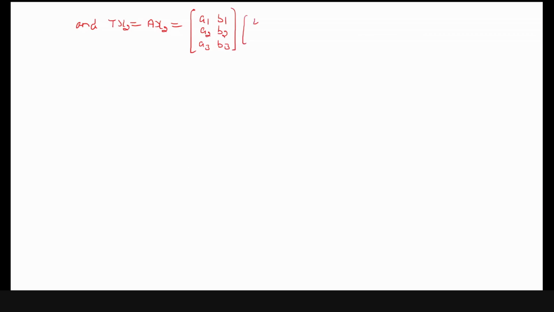Now if you simplify this, what you will get: 4a1 plus 6b1 is equal to -2, and 4a2 plus 6b2 is equal to -4, 4a3 plus 6b3 is equal to -10.